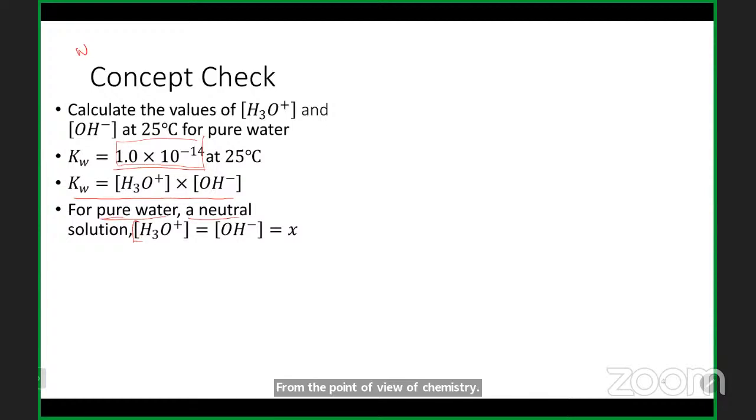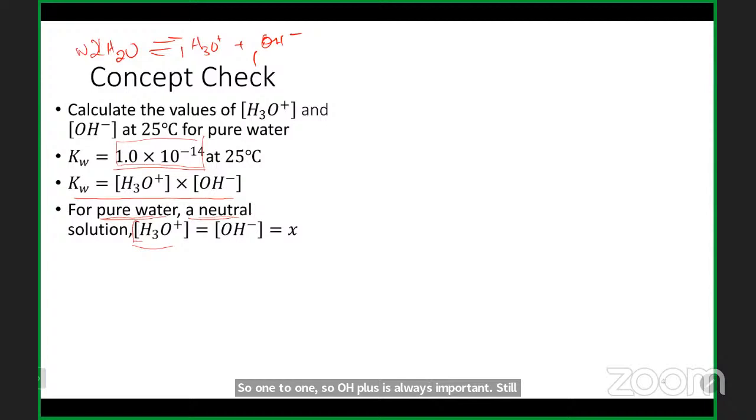So in pure water, which is a neutral solution, according to the equation 2H2O going reversibly to H3O plus and OH minus, it's 1 to 1, so H3O plus is always equal to OH minus.